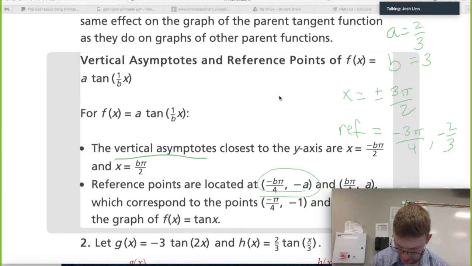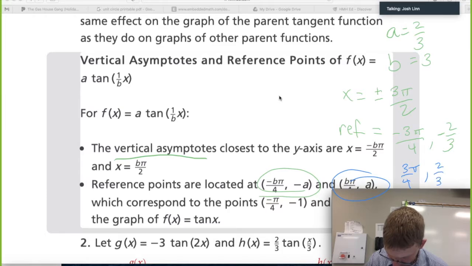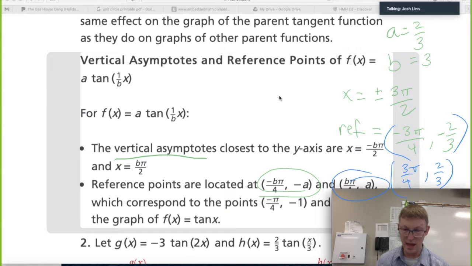I'm getting that from right there. And then my second reference point is right there, is not negative, is 3 pi over 4, 2 over 3. So that's kind of the analytical approach, if you will.